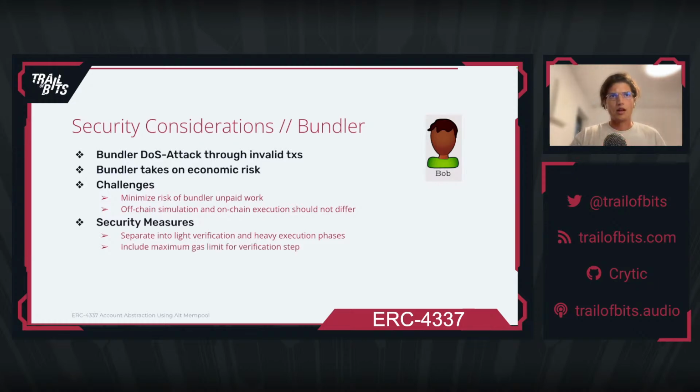So what do I mean by that? For the verification step, the step where the signature is validated, we have a maximum gas limit. This is not something that I think is necessarily enforced by the protocol on-chain.